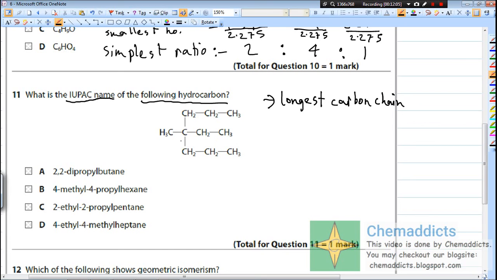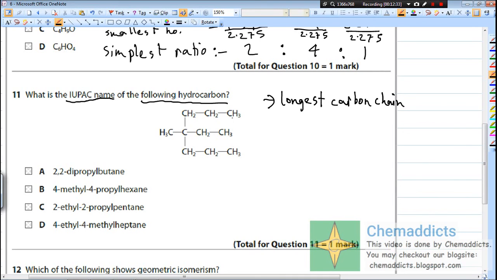Well, you might say that there are other possible longest chains. This one, it goes like this one, or this one. There are many possibilities, but this has the longest carbon chain.